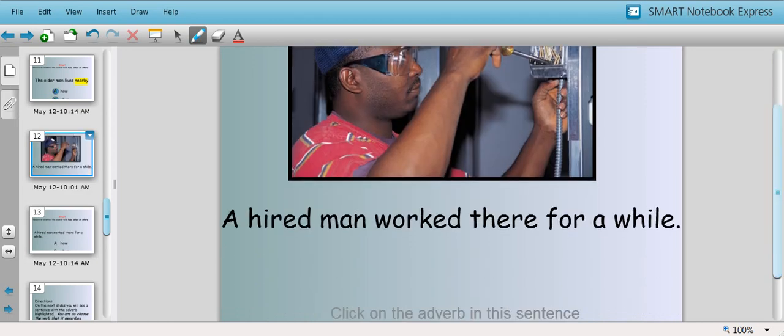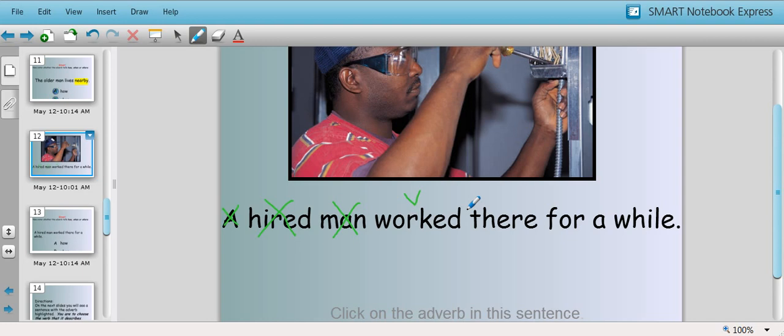A hired man worked there for a while. Once again, we find our verb, which is worked. And now we need to find the word that modifies our verb. So, we'll start at the beginning. A does not tell us how, when, or where. Hired does not tell us how, when, or where. Man does not tell us how, when, or where.